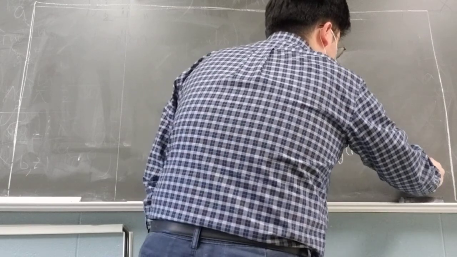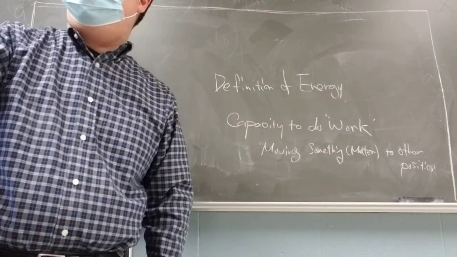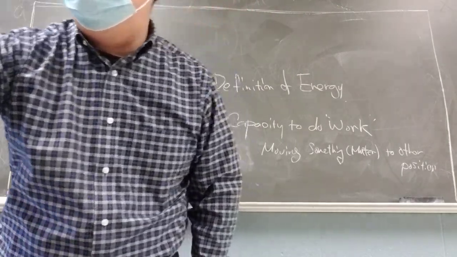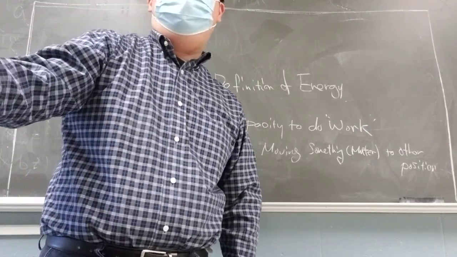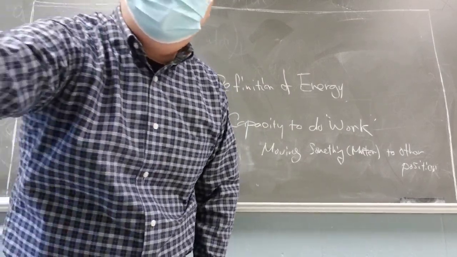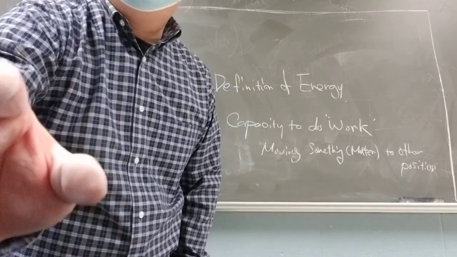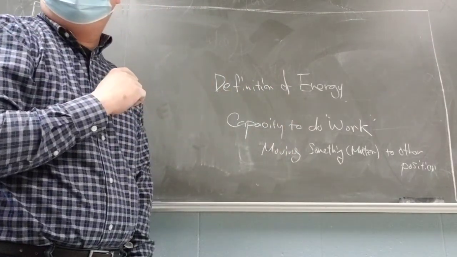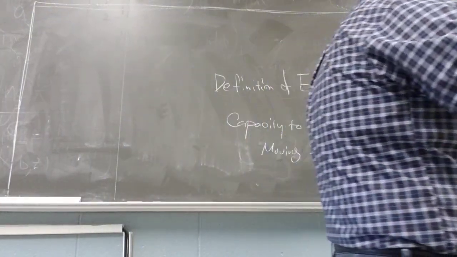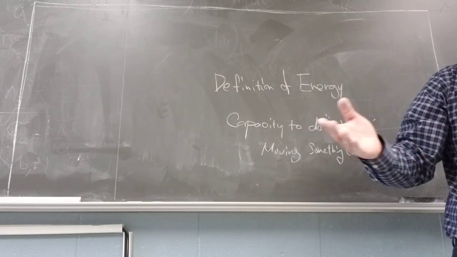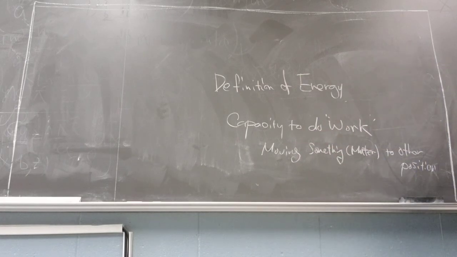For example, you have a chalk right here, and I move this one to this position. To do that, this is the work that I just showed you. It's moving to another place. And to do this work, I need to have energy. If this were fixed on the floor, I wouldn't have enough energy to move it, which means no work has been done because it has not been moved.